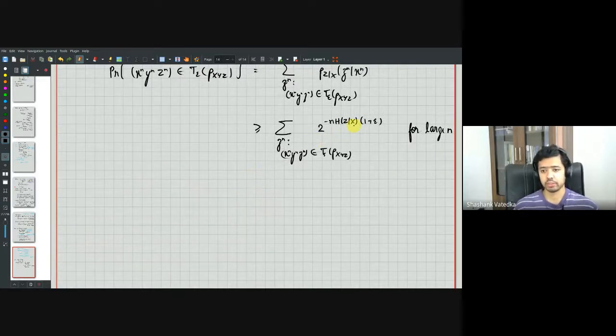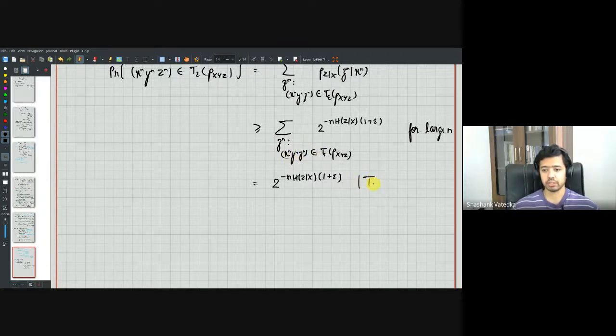Okay, so we have this, and we can take this outside. This will be equal to 2 to the minus n times H of Z given X times 1 plus epsilon, times summation of 1, but you're summing over all zn which are jointly typical with respect to xn and yn.